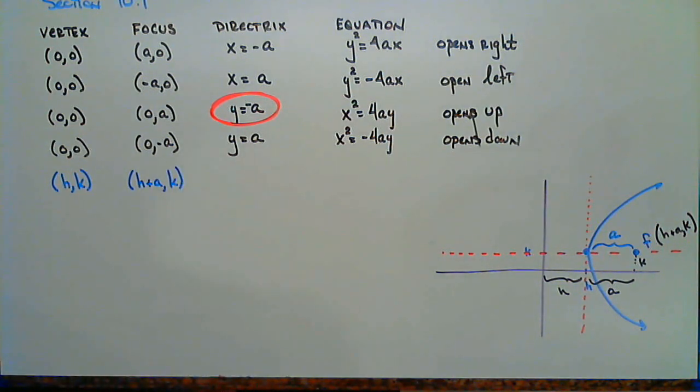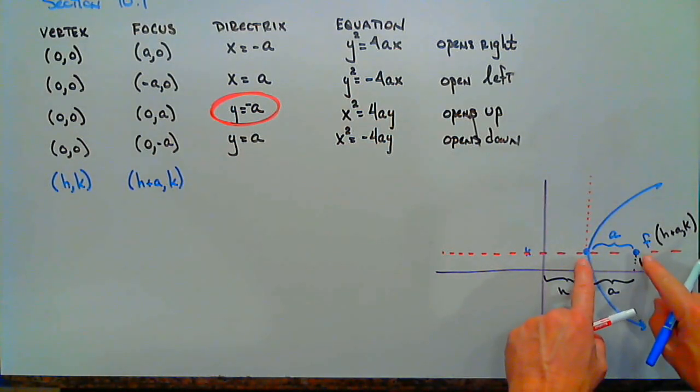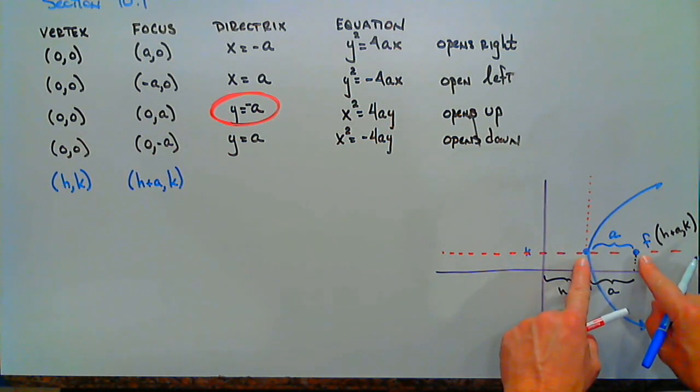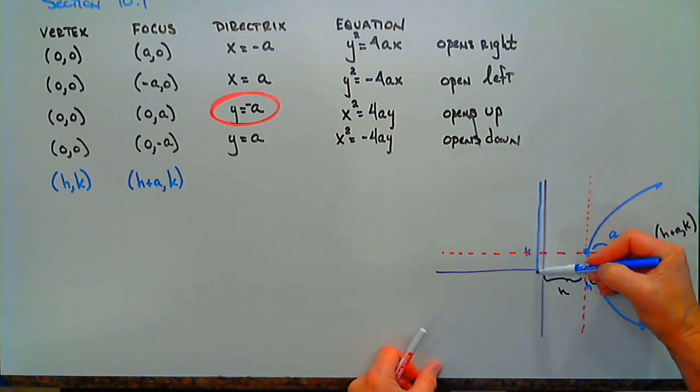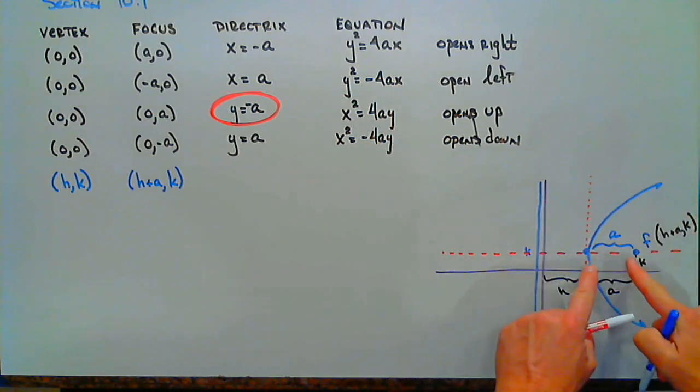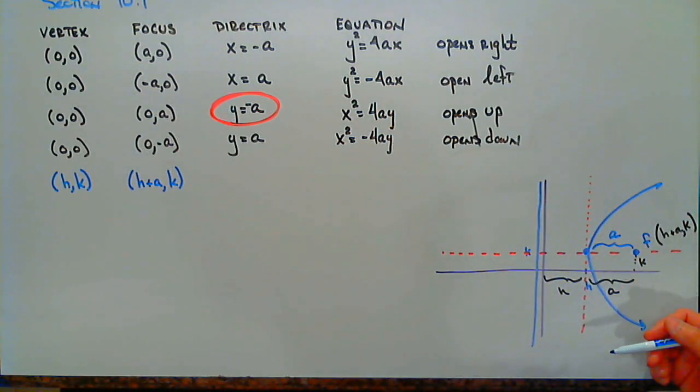All right? Now there's going to be a pattern here that's going to help us keep things straight. Now where is our directrix going to be? Well, our directrix is going to be this many units from the vertex, right? So our directrix is going to be right here, right? This distance has to be the same as this distance.